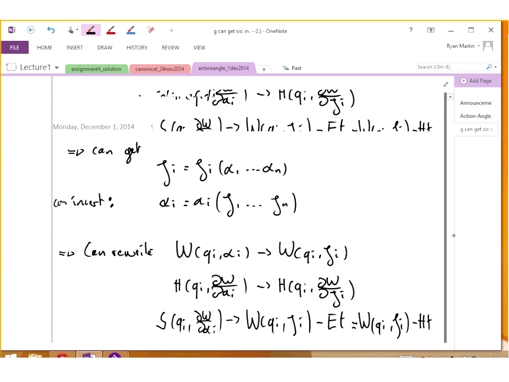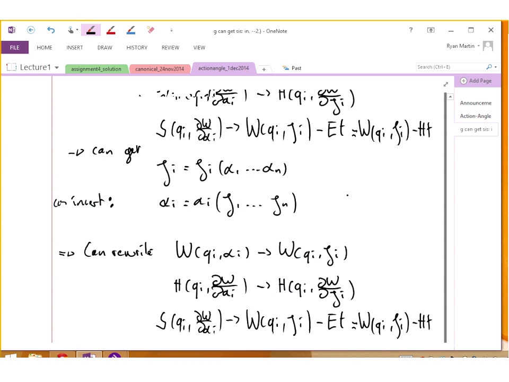So if we use the properties of canonical transformations, then the lowercase p_i are given by ∂S by ∂ lowercase q_i, and then the capital Q_i are given by ∂S by ∂J_i.